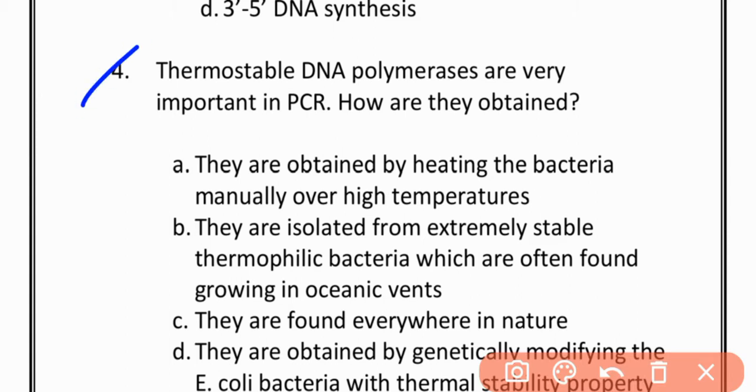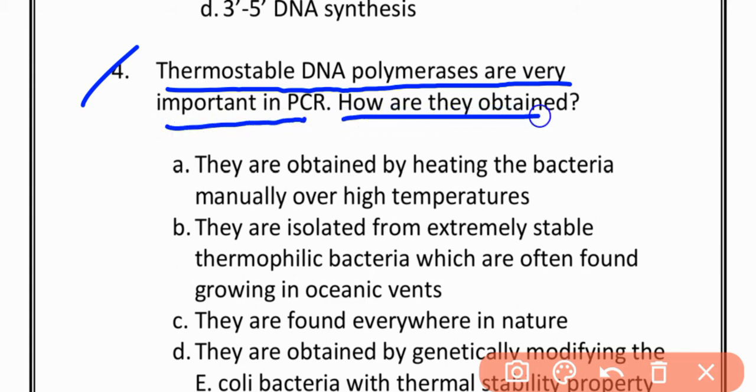MCQ number 4. Thermostable DNA polymerases are very important in PCR. How are they obtained? Option 1, they are obtained by heating the bacteria manually over high temperature. Option B, they are isolated from extremely stable thermophilic bacteria which are often found growing in ocean vents.